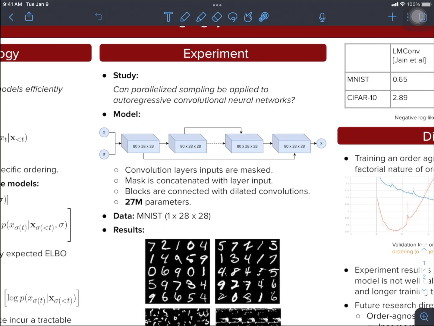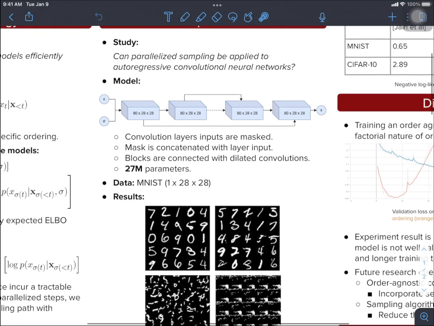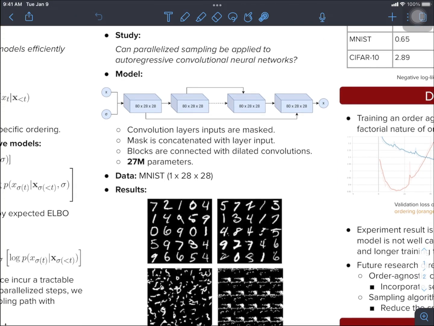Because images are known to have a lot of regions with the same color, and convolutional neural networks can learn about local features very well. So my model has 6 blocks of convolutional layers. The layer inputs are masked to hold the autoregressive properties.